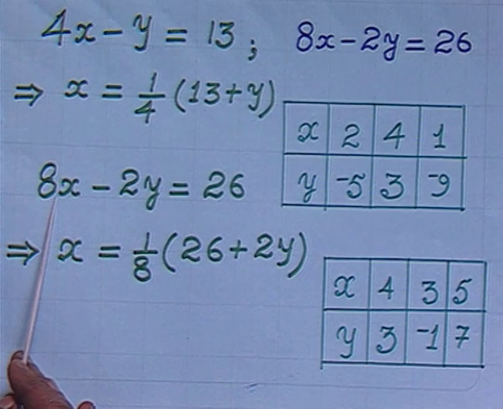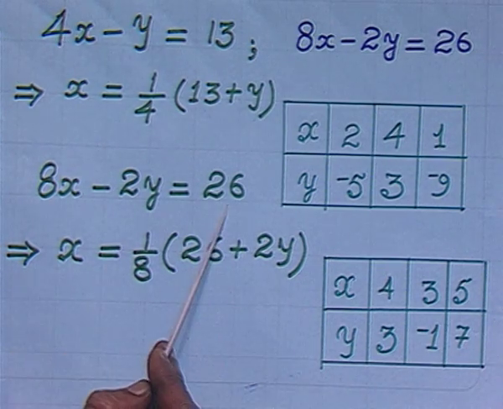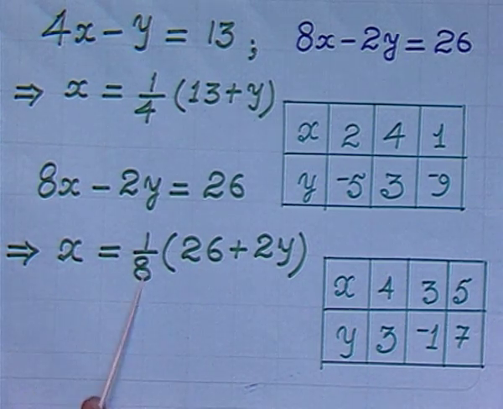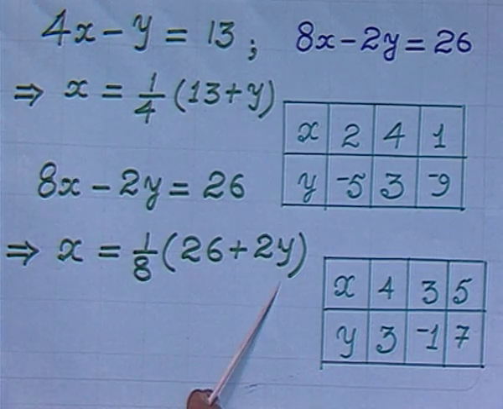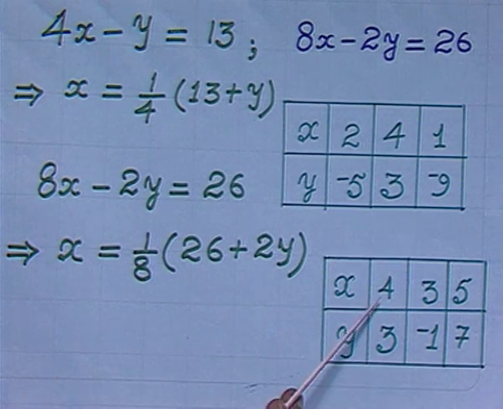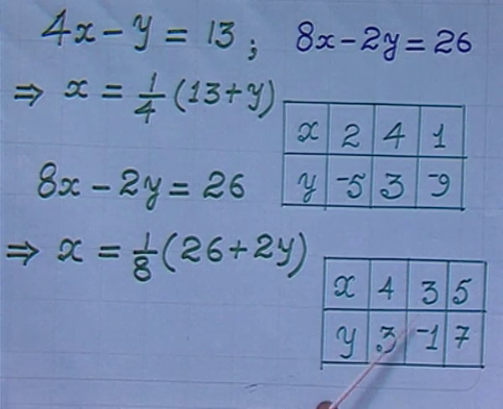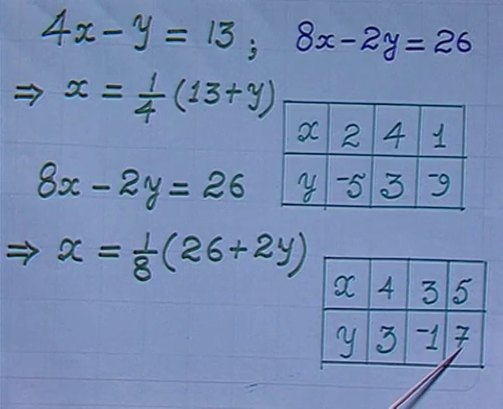For the second equation, 8x minus 2y equals 26, x equals 1 over 8 times (26 plus 2y). The ordered pairs for this equation are (4, 3), (3, -1), (5, 7).